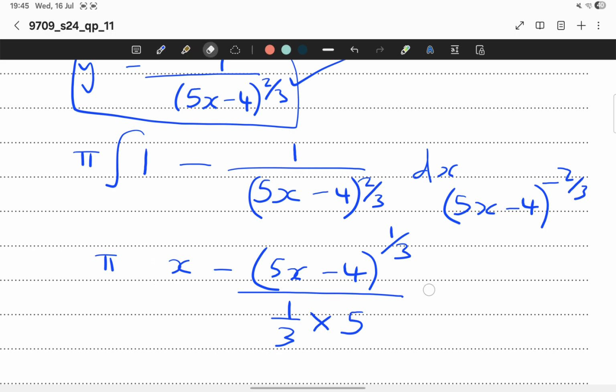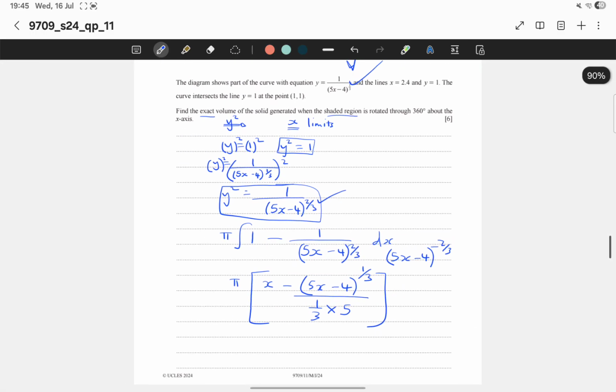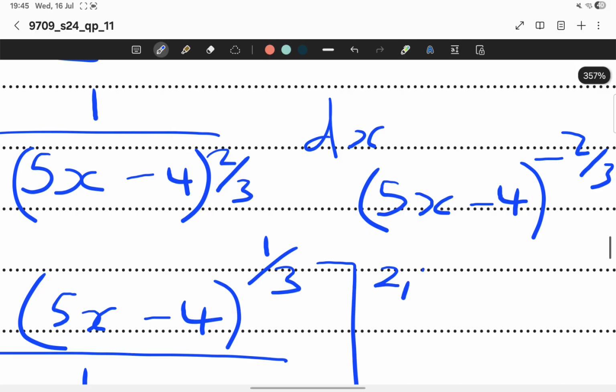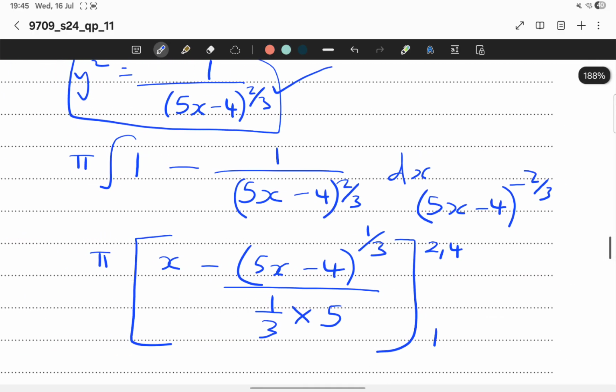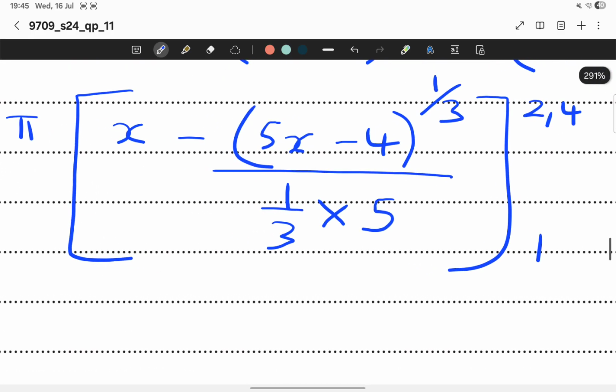Let me use square brackets here, and we use x values as limits, that is 2.4 and 1. Substituting 2.4: 2.4 minus (5 times 2.4 minus 4) to the power a third over 1/3 times 5, and that gives us 1 and 1/5.